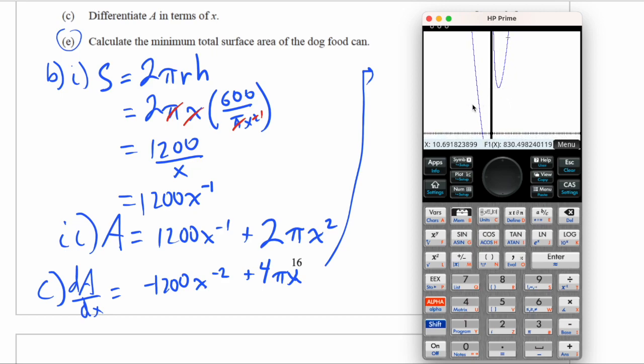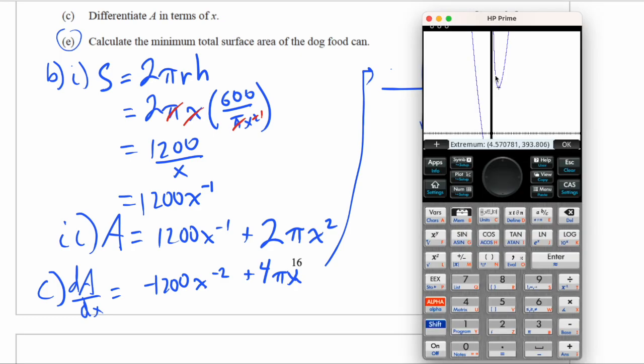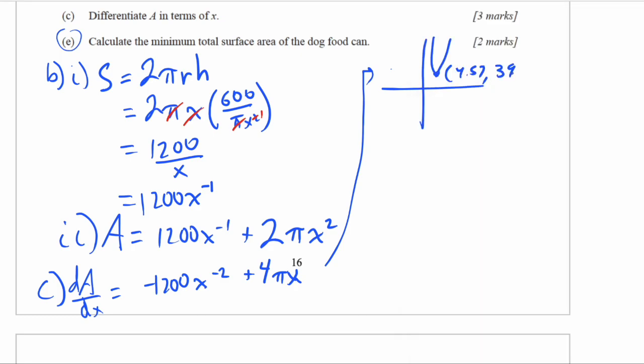Ignore the stuff on the negative side because we can't have negative numbers for radius anyway. So this is our minimum value over here somewhere. Let's do menu, function, extremum, and it gives you the minimum is 4.57, comma 393.